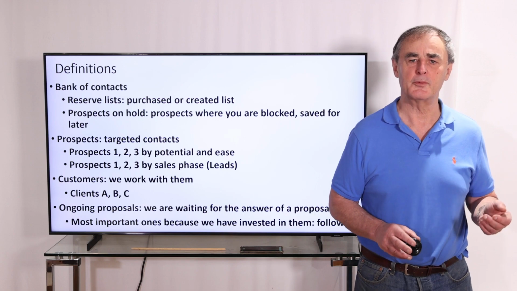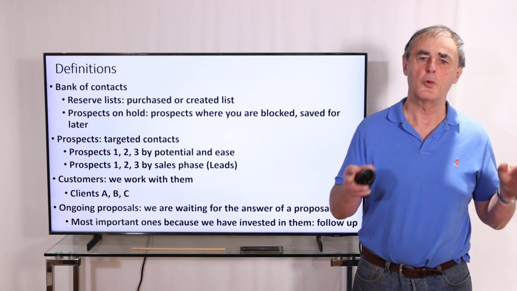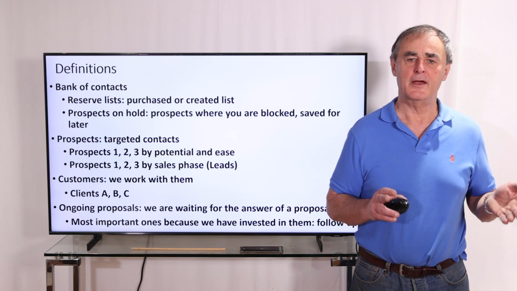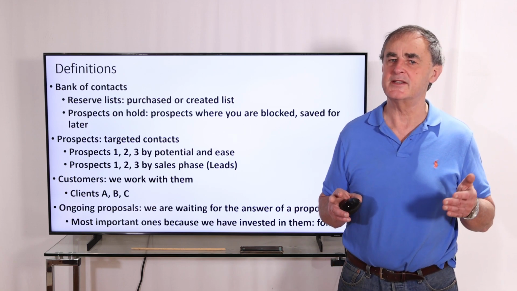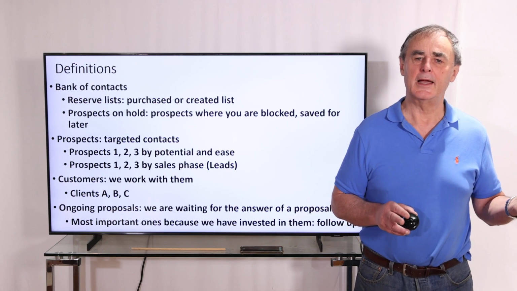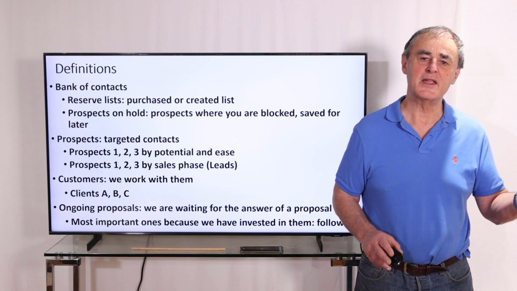So first we have what we call the banks of contacts. The bank of contacts are all the names where you can find more customers if you want. It's divided into two. The reserve list, which sometimes can be bought or you can create it yourself. And the other category, which is prospects on hold.